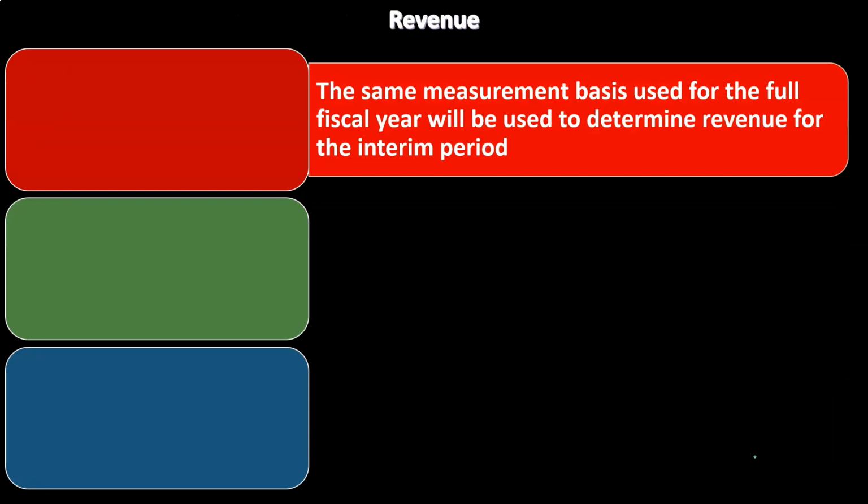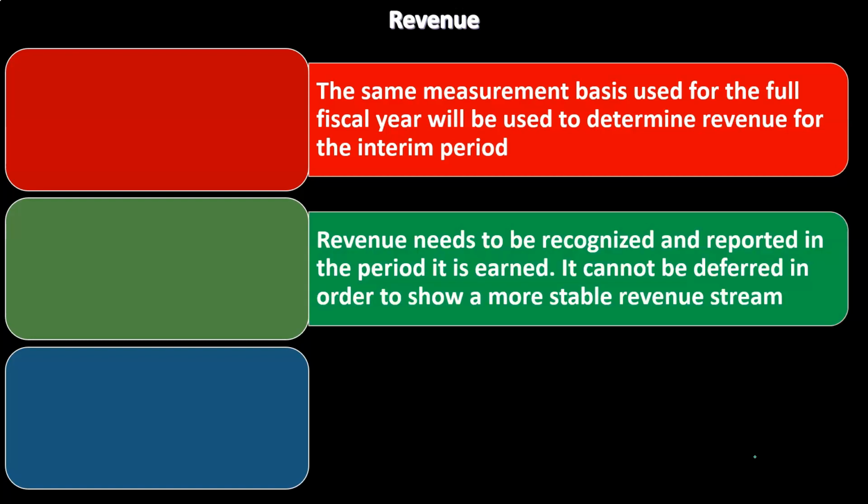Revenue. The same measurement basis used for the full fiscal year will be used to determine revenue for the interim period. So we want consistency with the basis on which revenue would be measured, which is a standard accounting principle, which you would expect. Revenue needs to be recognized and reported in the period it is earned. It cannot be deferred in order to show a more stable revenue stream, which again is what you would typically expect, right?